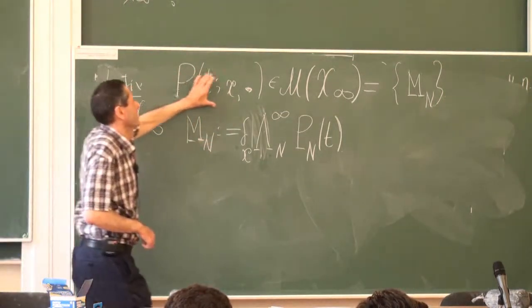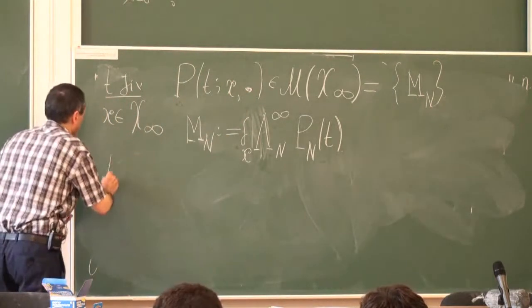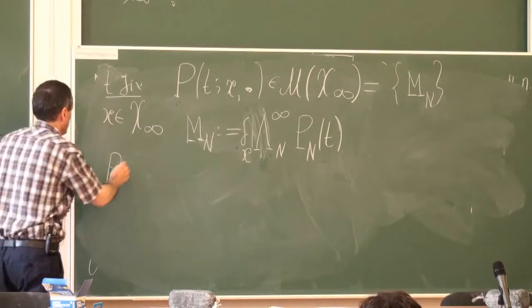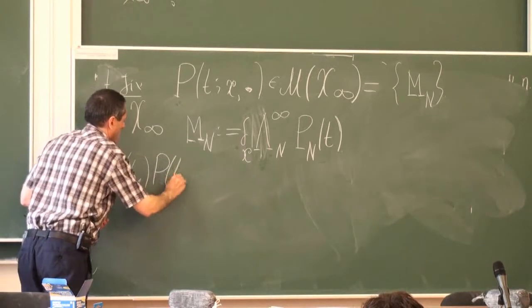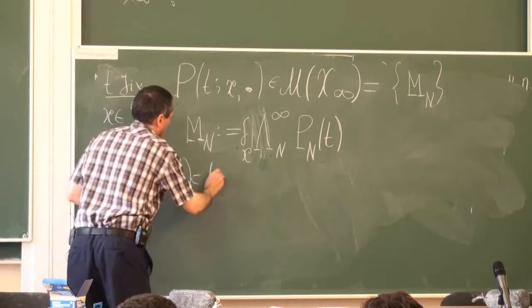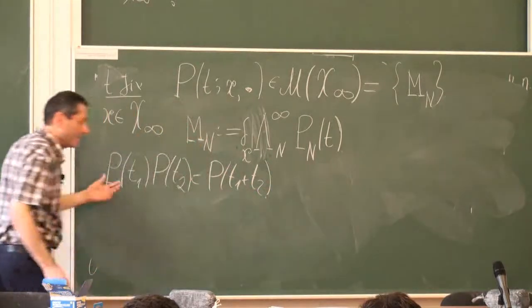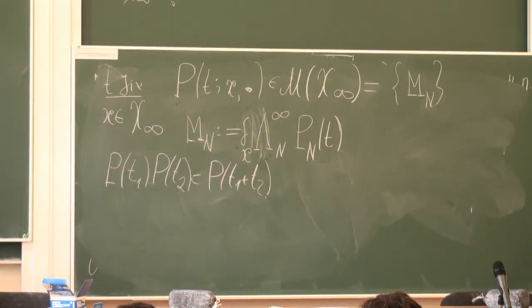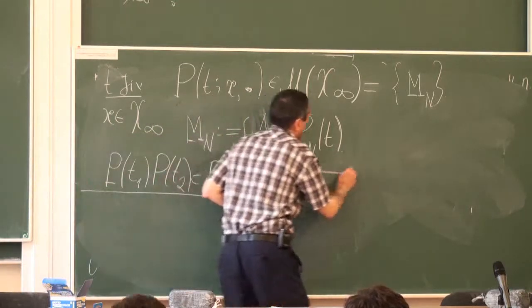They define some measures. Next we have to verify the Chapman-Kolmogorov equation, and again, it follows immediately from the very definitions. So this is a very formal way.